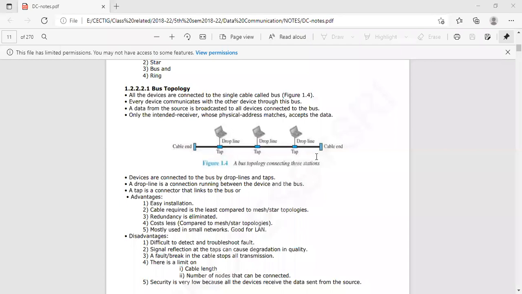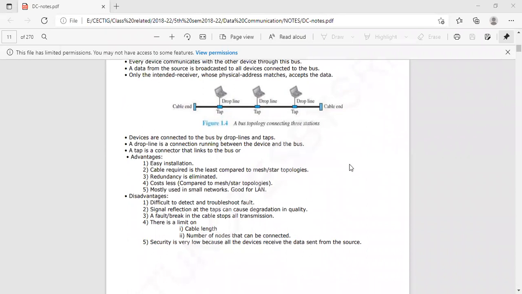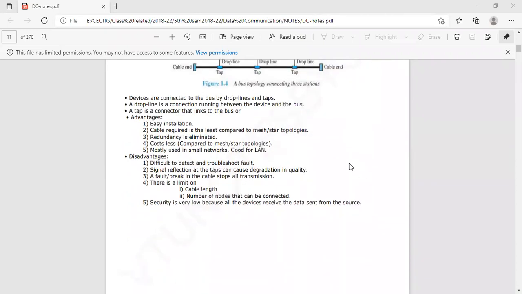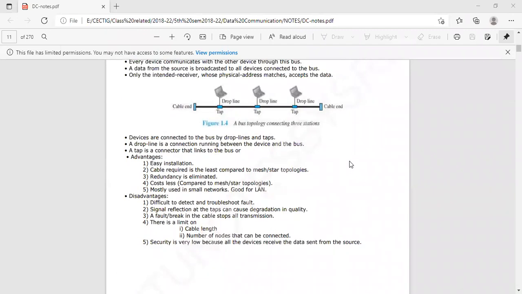Okay, can anyone give an example of bus topology? Anyone, any example that comes to mind? LAN. So our computer lab, I think you will have seen, or maybe some of you have not seen. Our computer lab is connected via bus topology, where 30 PCs are connected via a single dedicated line, a single cable, and all the cables are tapped into that particular bus network.